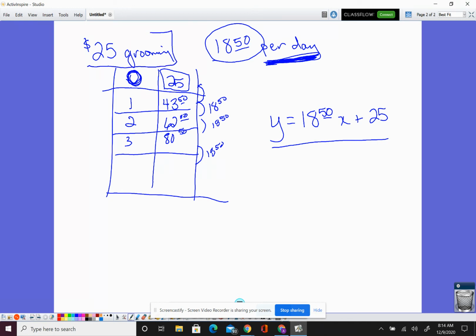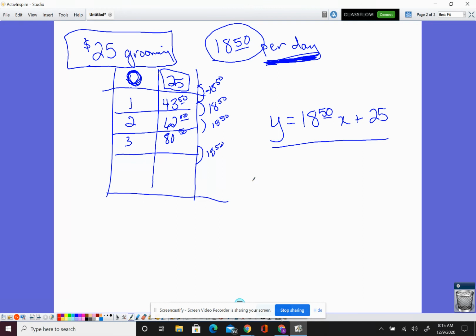So he's going to be charged that initial fee of $25. Does that make sense? Okay, I see. Thank you. Okay. But if you're looking at it, I would say go ahead and subtract off $18.50 from the $43.50 to get that $25.